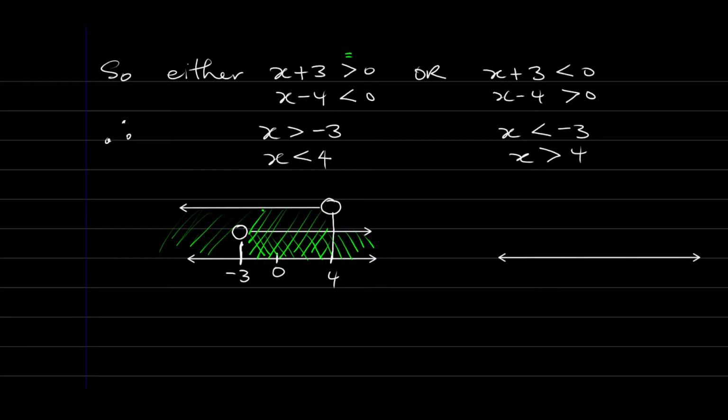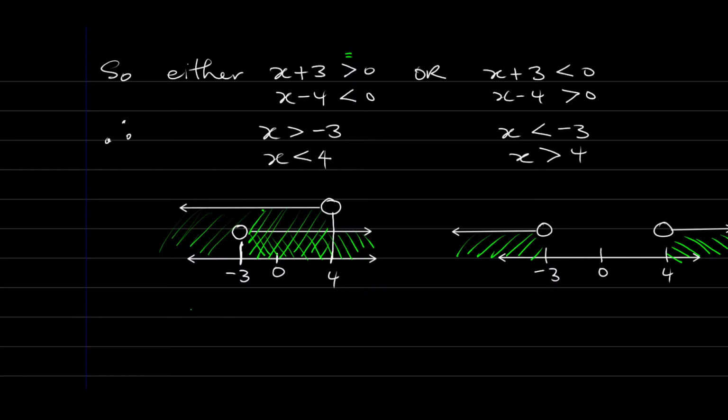Let's go with the next one. Just draw that out. So I'm going to have -3, I'm going to have 0, I'm going to have 4. I'm going to put a circle here. Then here, in this case we have this direction, and we're seeing that it has no common region.